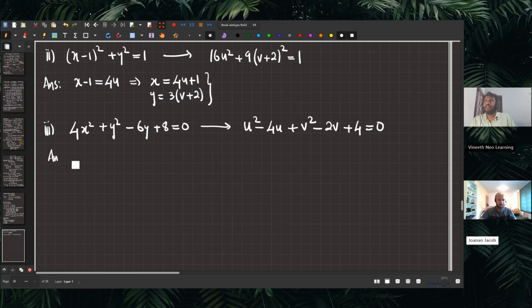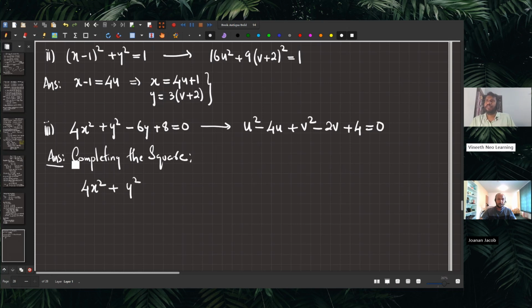Plus 6y, 3 into 2 is 6. So this will be 4x squared plus y squared minus 2 times 3 times y plus 9 minus 9 plus 8.